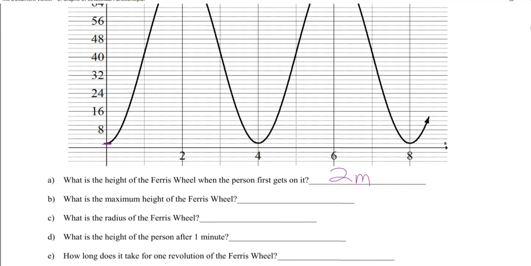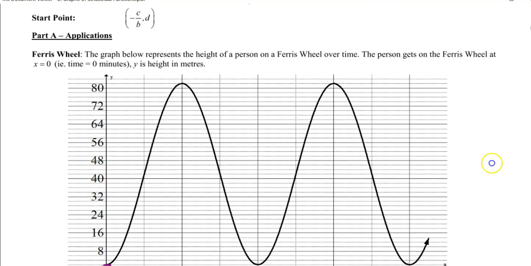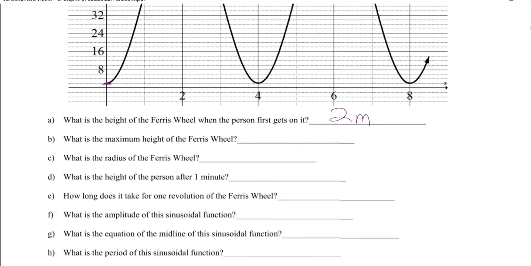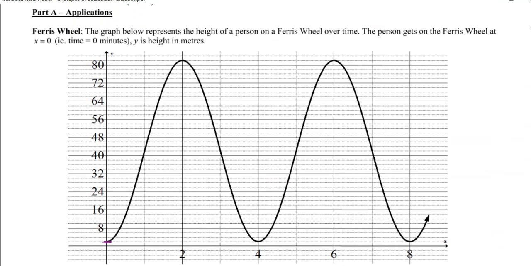What is the maximum height of the Ferris wheel? So how tall do you go? 82 meters. What is the radius of the wheel? So if we think about a wheel, which I can't draw a round one, that's the wheel.